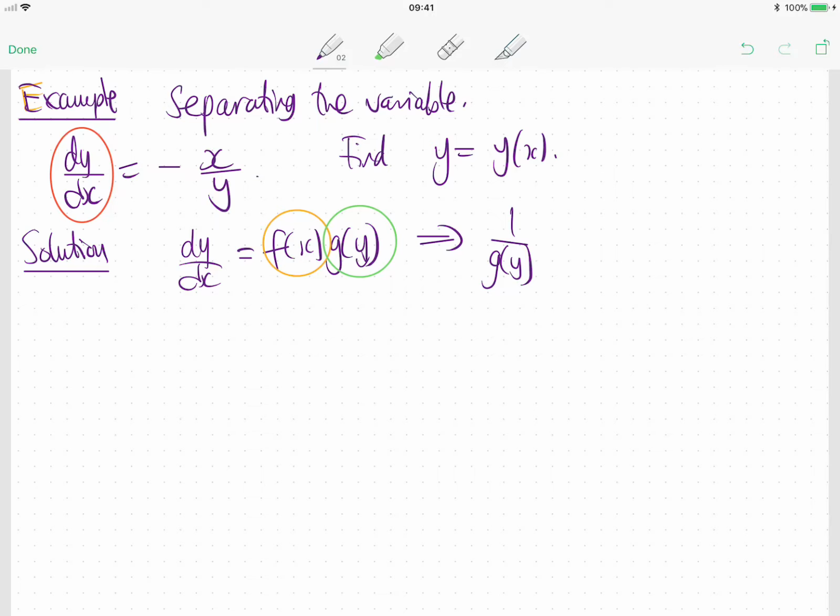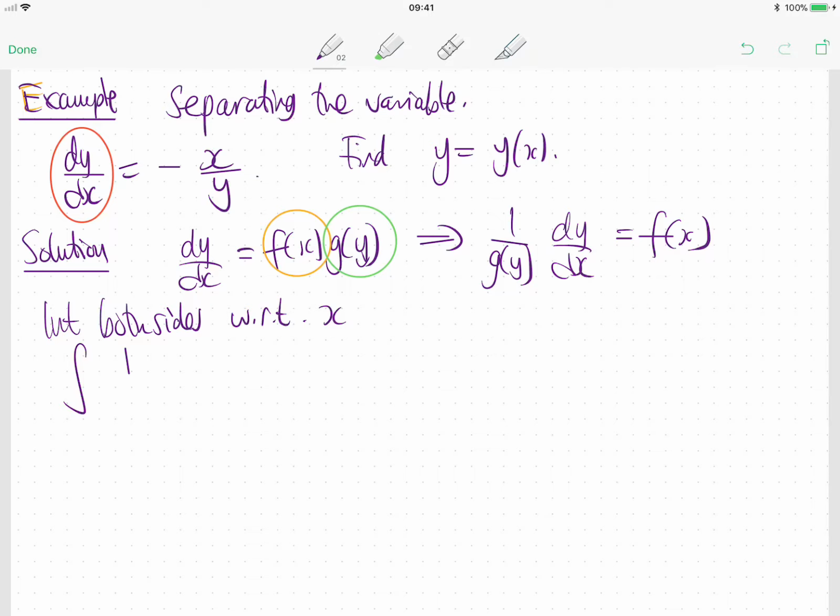So I'm going to move all the y's in the green circle to the left hand side, just divide them through, and keep all the x's on the right hand side, and then integrating both sides with respect to x. We see something quite useful happens, that, well, let's do it. So I'm just integrating both sides with respect to x.